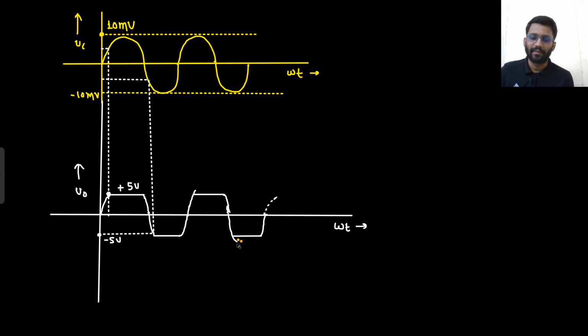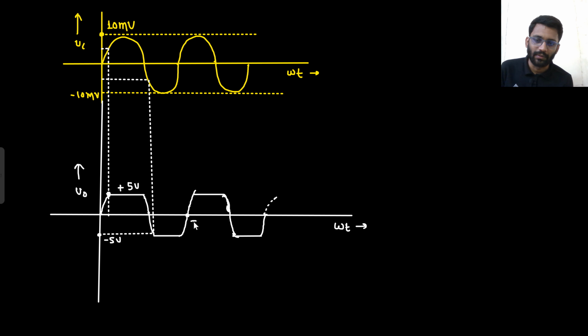I couldn't make a better waveform actually. Right? It increases, then it was going towards 10 but saturated at 5, then decreases, it was going towards minus 10 but saturated at minus 5, then again increases to plus 5, again decreases to minus 5. That's it. This is how the waveform would look like, right?